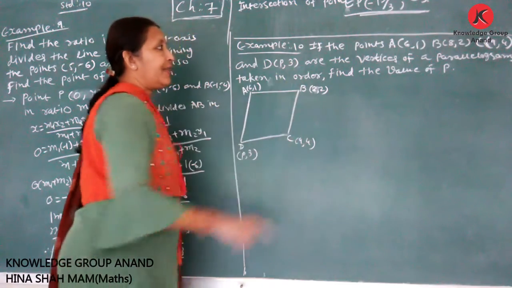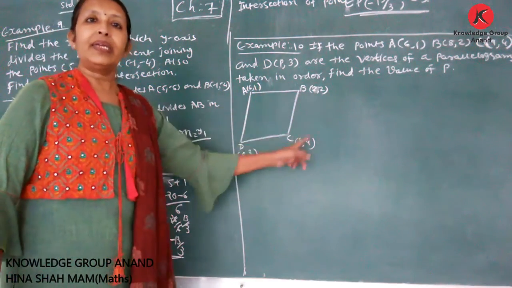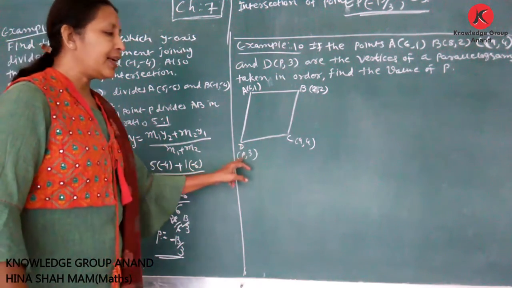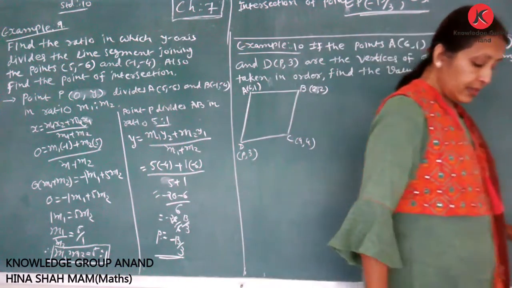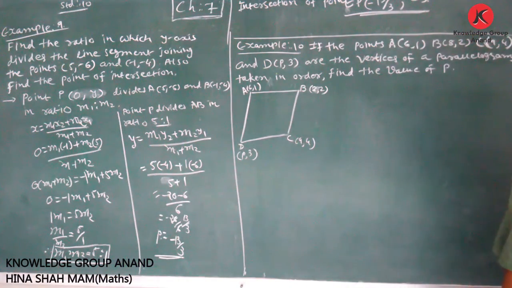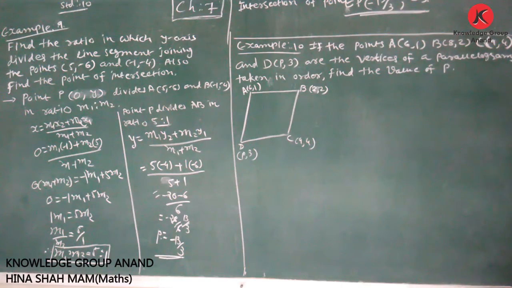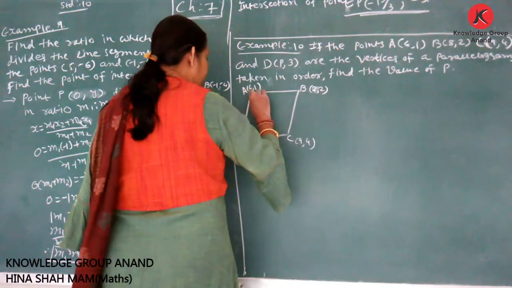A, B, C, D are vertices of a parallelogram taken in order. Find the value of p. Which condition do we use here? In a parallelogram, diagonals bisect each other.